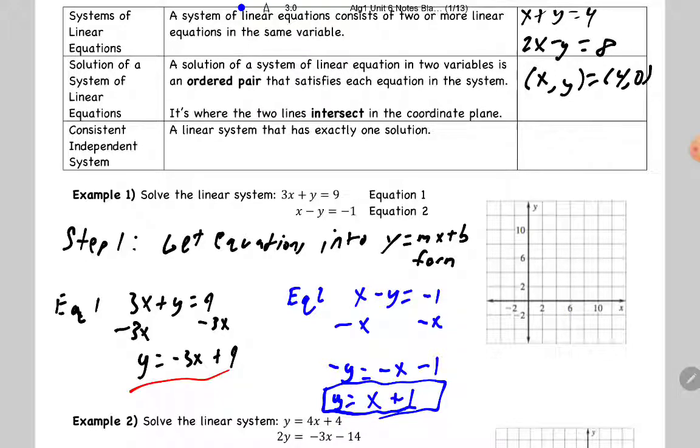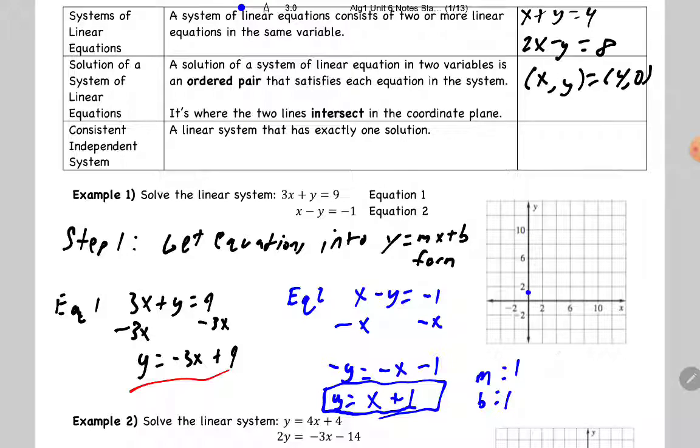Let's start with the blue one. So y equals x plus 1. Our slope is the number in front of x, and that's going to be 1. And our y-intercept is 1. So the y-intercept tells us to go up 1 and make a dot.